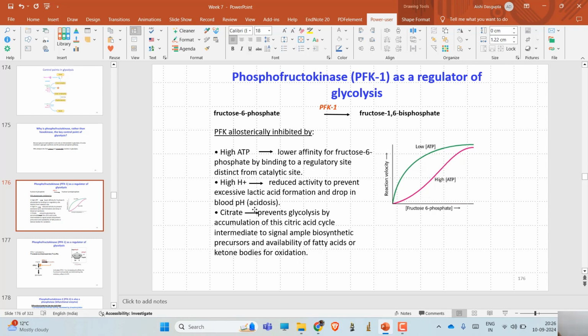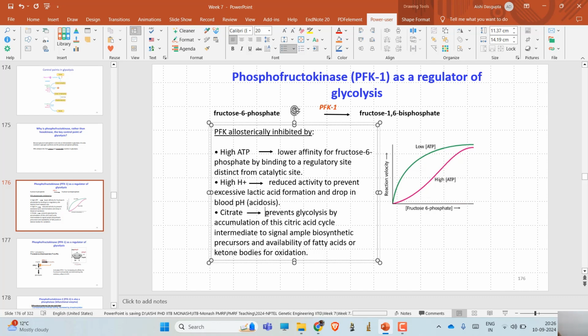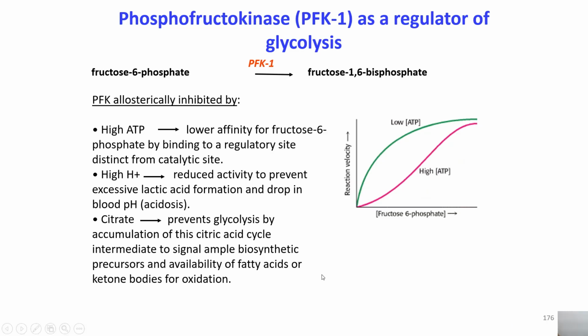In the case of citrate, citrate will prevent glycolysis by accumulation of the citric acid cycle intermediate, to signal ample biosynthetic precursors and availability of fatty acids and ketone bodies for oxidation.